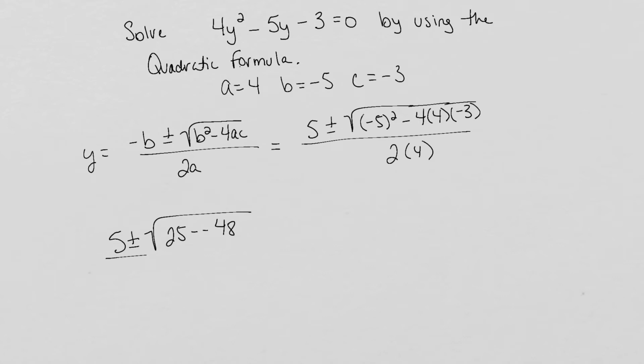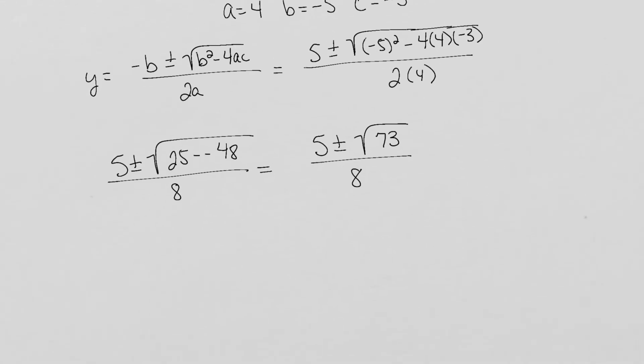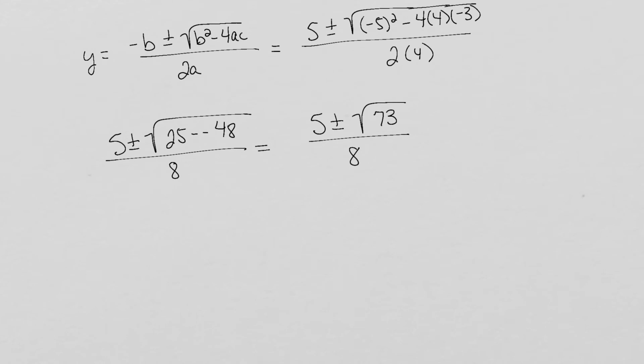Notice there's a double negative there, and so I get 5 plus or minus the square root of 73 all over 8.